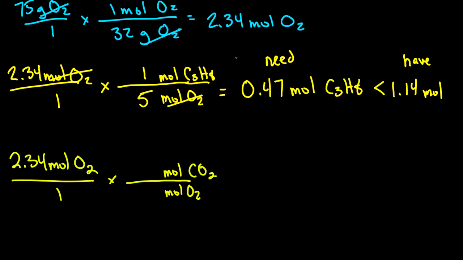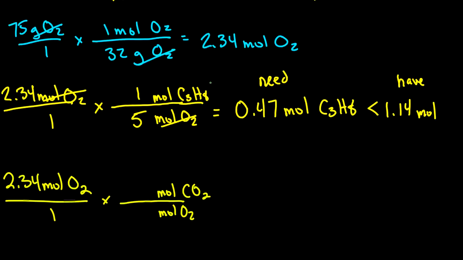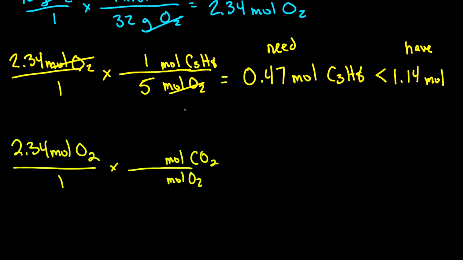Well, what's the moles for each? So let's look at our balanced equation. There are 5 moles of oxygen for every 3 moles of CO2. Then once we get that converted, we want to change moles of CO2 to grams of CO2.